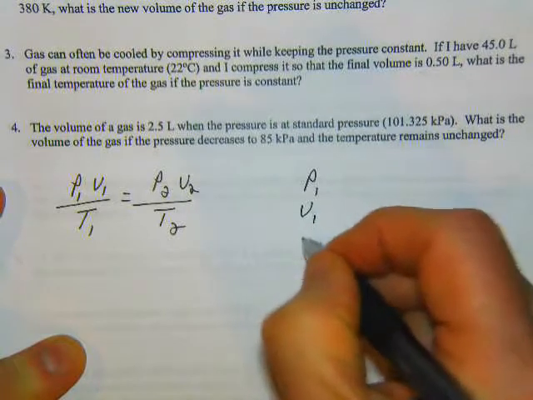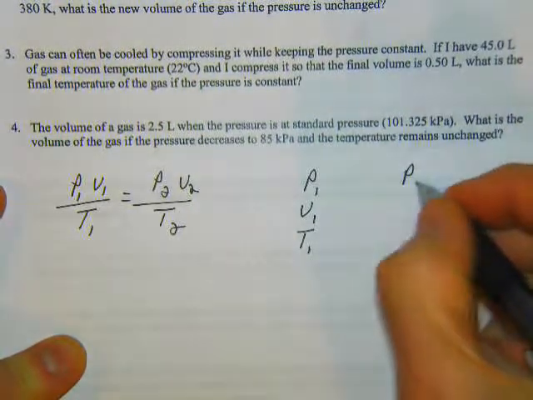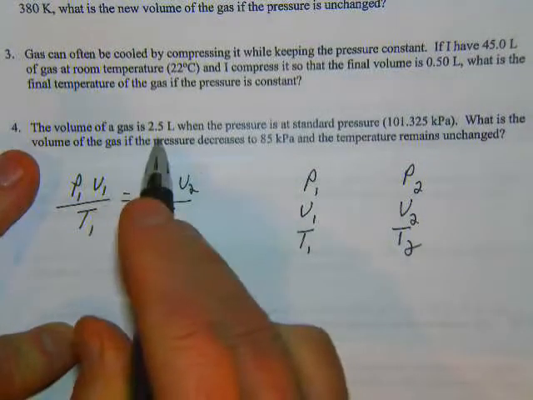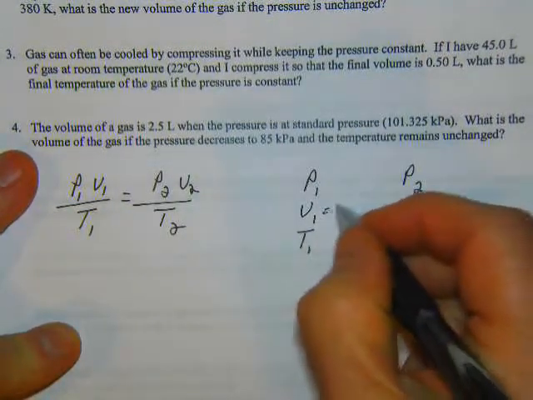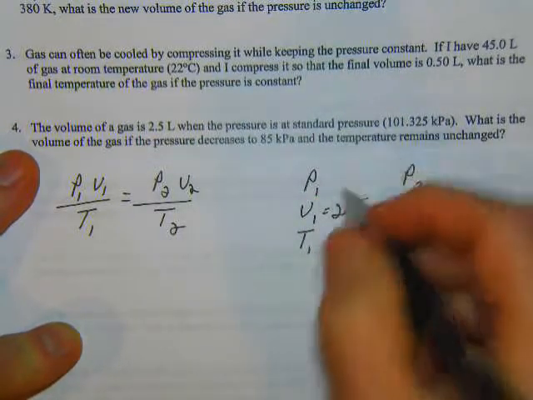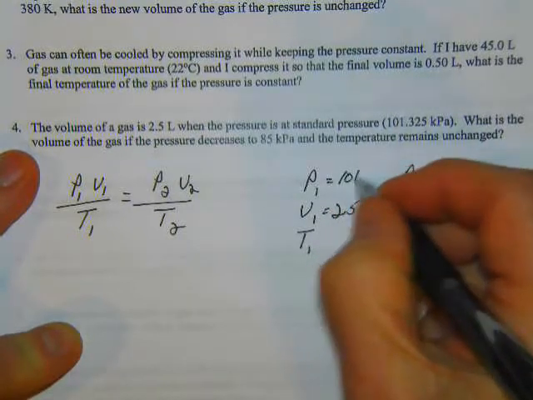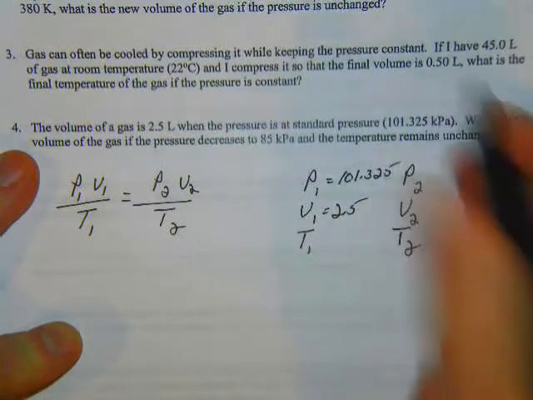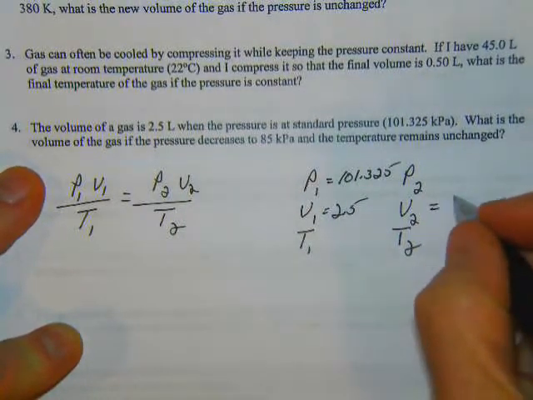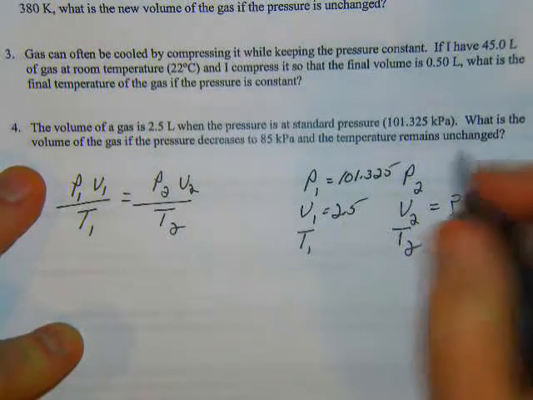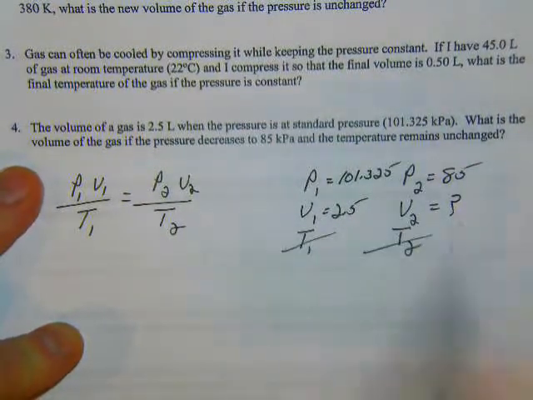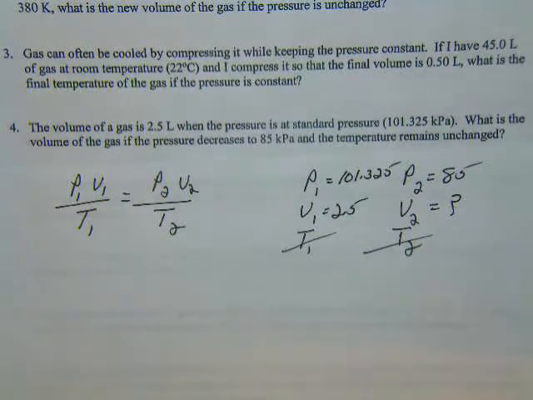I know it's a little redundant, but if it helps you see it, go ahead and do it. So V1 is 2.5 liters when the pressure is standard pressure at 101.325 kilopascals. We don't know the new volume. The pressure decreases to 85 and the temperature remains unchanged.